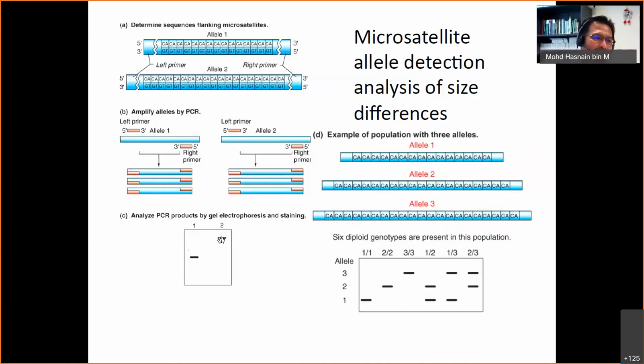Okay, one question for you. Can I do electrophoresis with only this? I straight away go to this. Can I do that? Or can you do that?